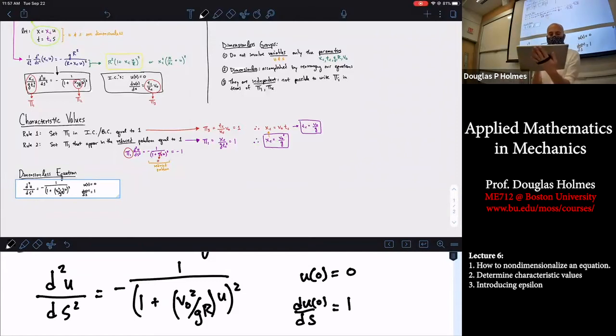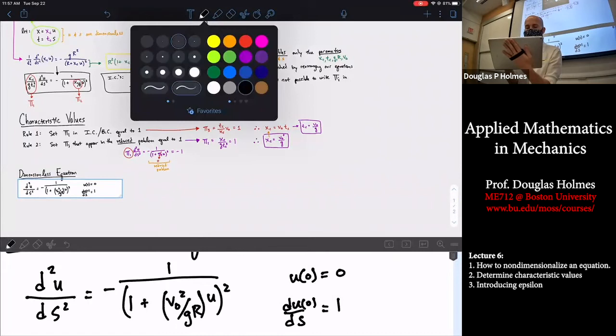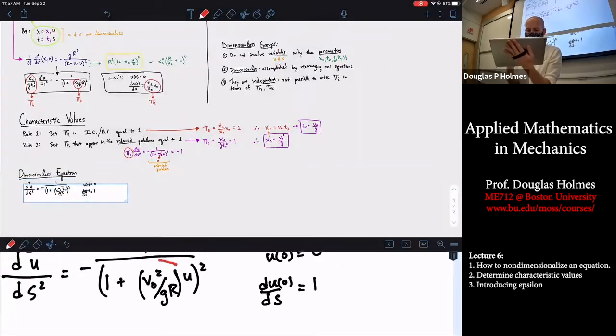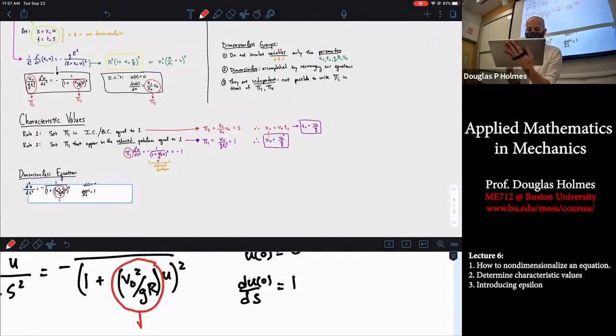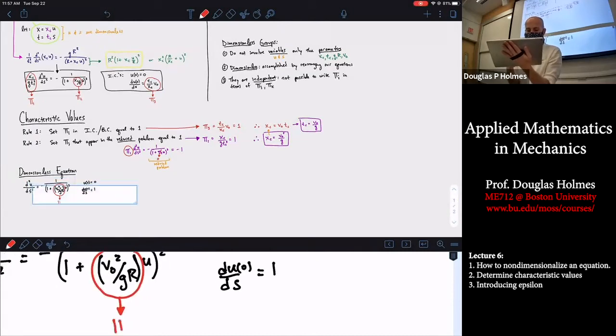So now our new problem becomes this, and this quantity here that I've written in my parentheses, this is pi 2. You'll notice that it's a little bit different than what we had initially identified, which is the height of the ball relative to the radius of Earth.